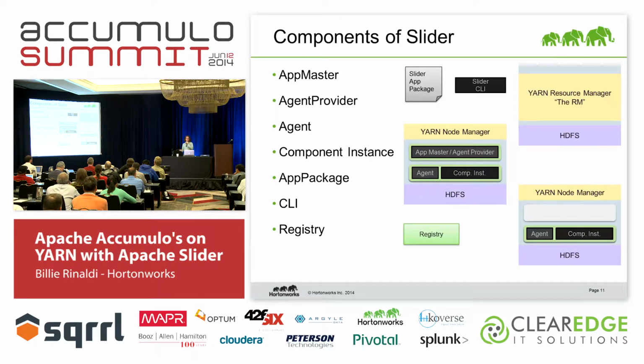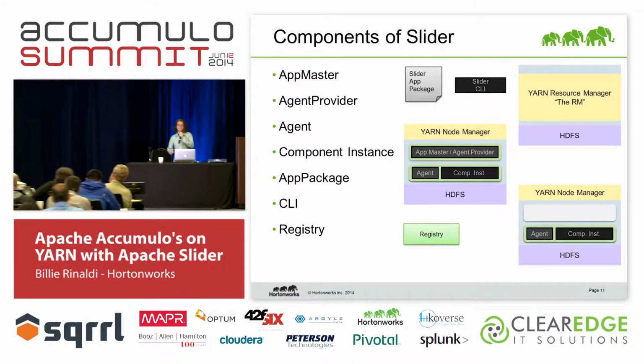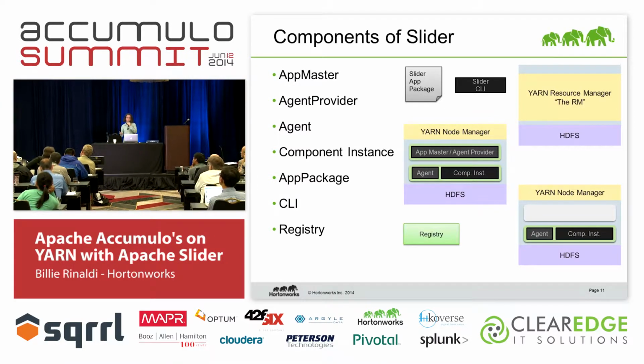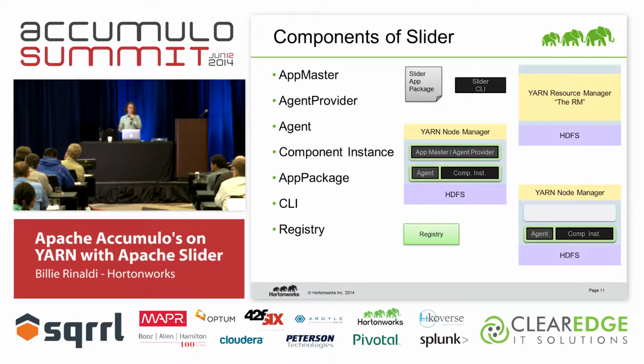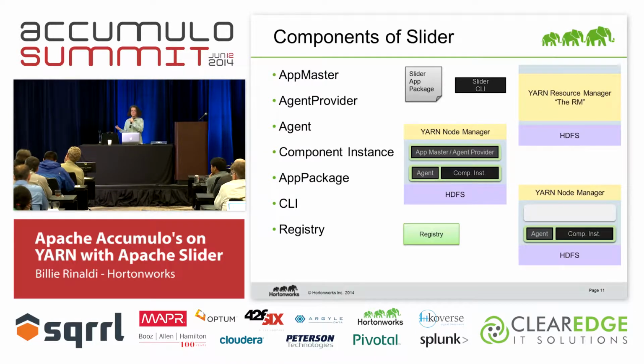This would be the registry. For Accumulo, something we would want to put in the registry is the location of the monitor URL. Other things would be anything that a client would need to know to connect to the application.